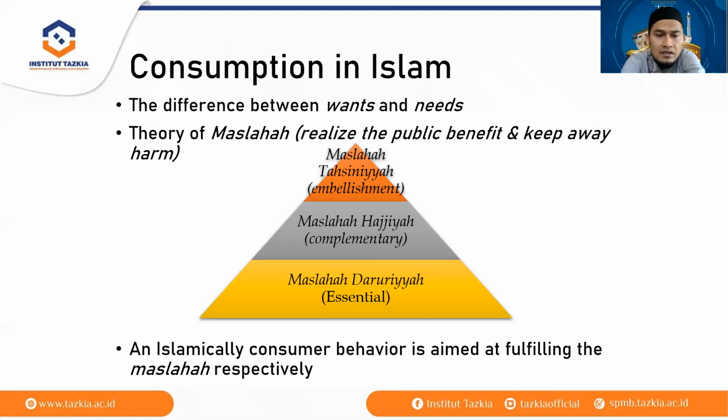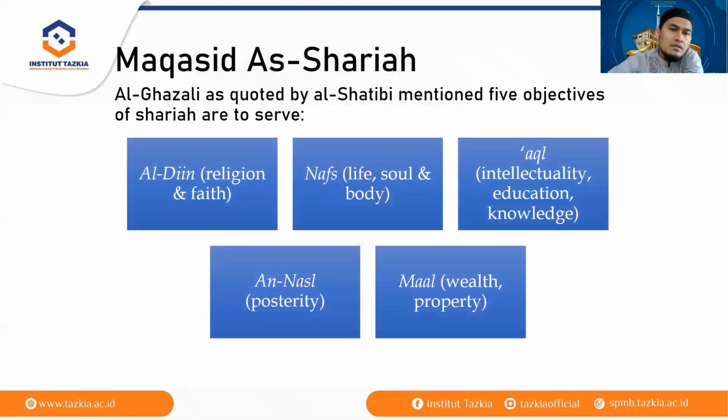Islamic consumer behavior is aimed at fulfilling the maslahah respectively. So maslahah is what is to be achieved in consumption in Islam. So we come to maqasid Sharia. Why maqasid Sharia? According to Imam Al-Ghazali, as quoted by Imam Shatibi, there are five objectives of the Sharia.